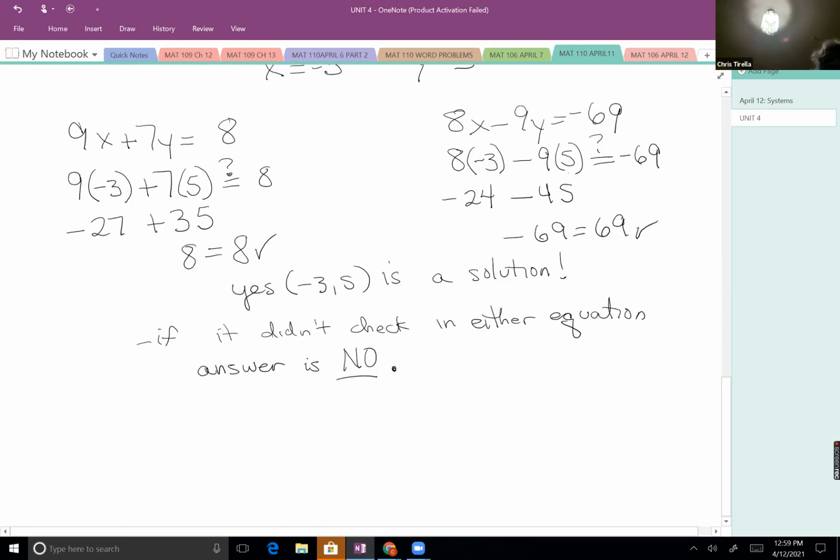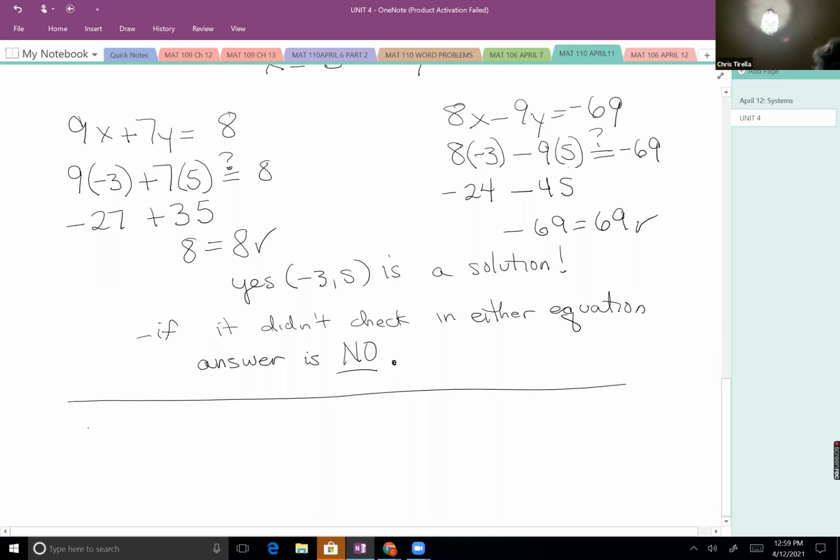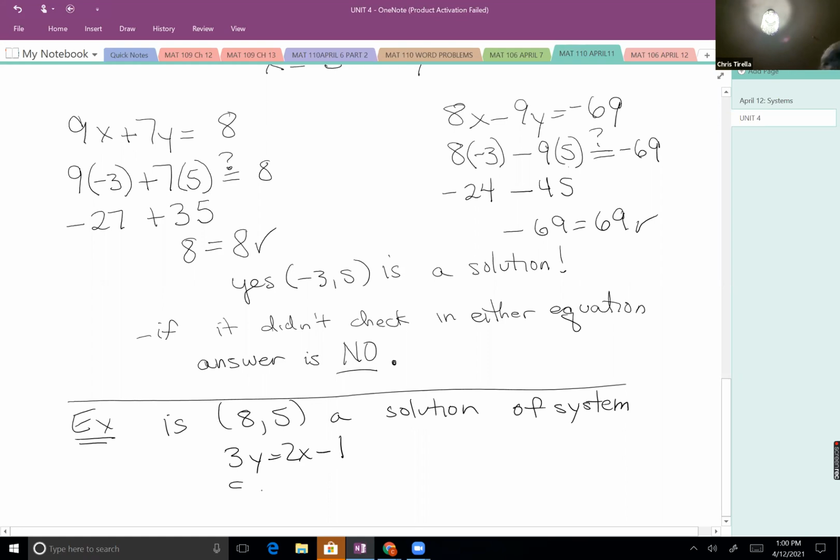So let's do another one. Is 8, 5 a solution of the system? 3y equals 2x minus 1 and 5x minus 4y equals 0.